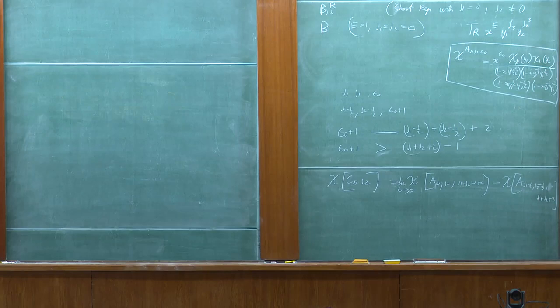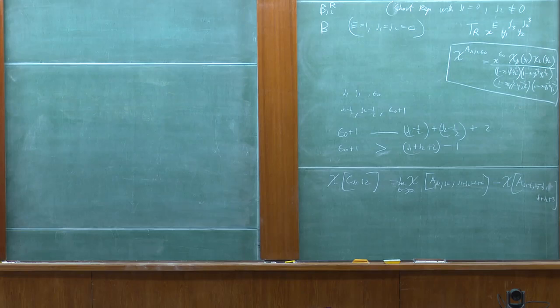But you remember that had quantum numbers J1 minus half, J2 minus half, and whatever epsilon naught was, plus 1. But epsilon naught was J1 plus J2 plus 2, and therefore that's become J1 plus J2 plus 3. Is this clear? Why is the limit there?